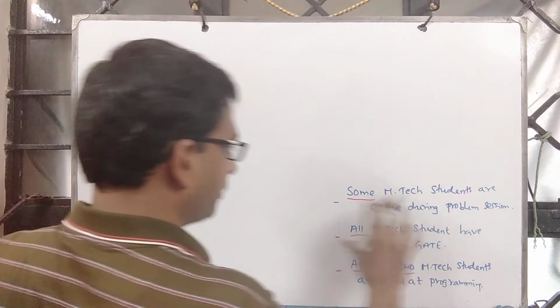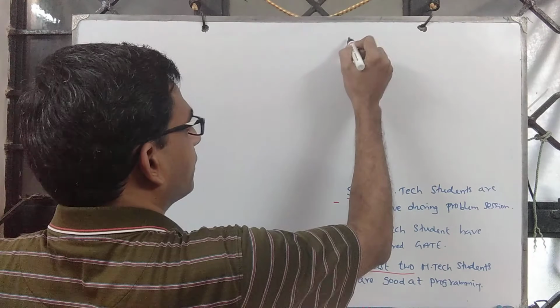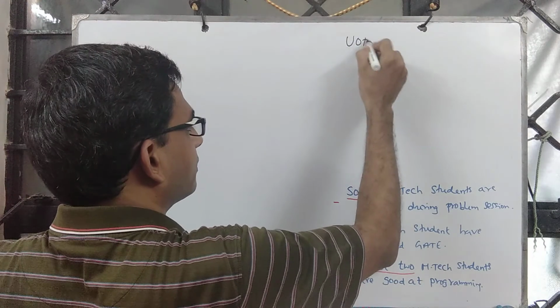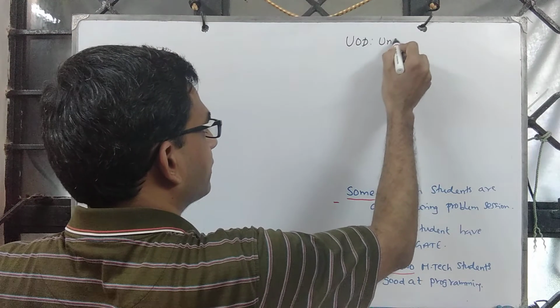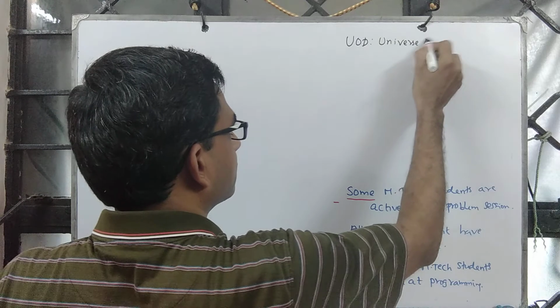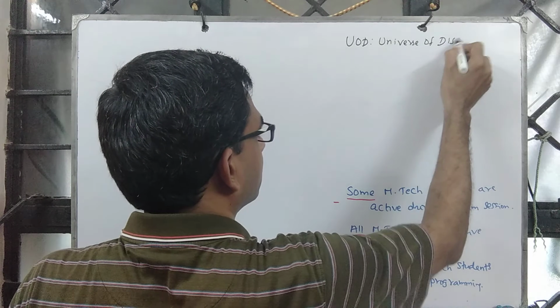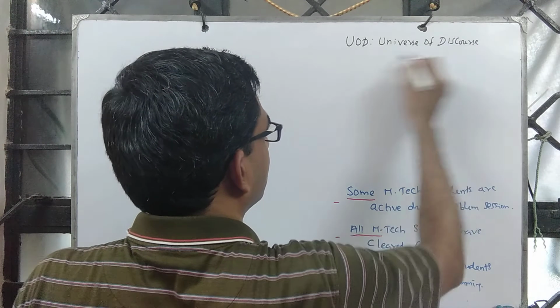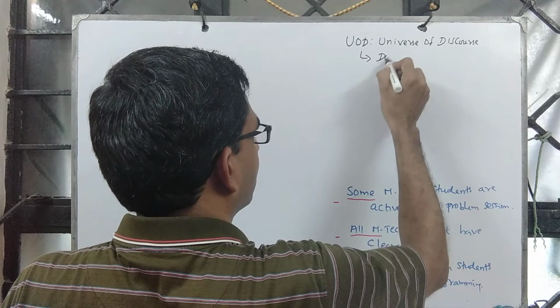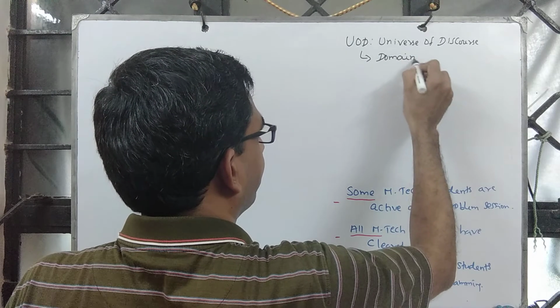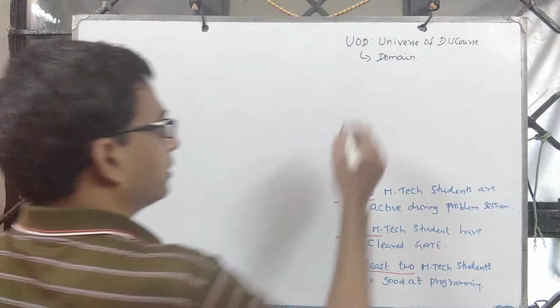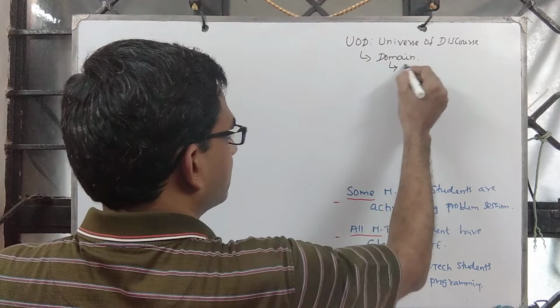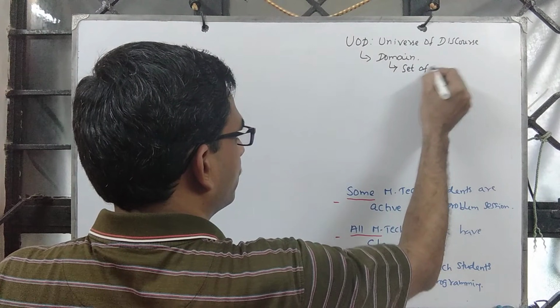So to talk about this, we work with an underlying set. It's called universe of discourse. This is our domain. Let's assume the domain is set of students.